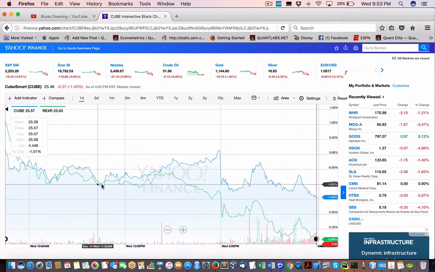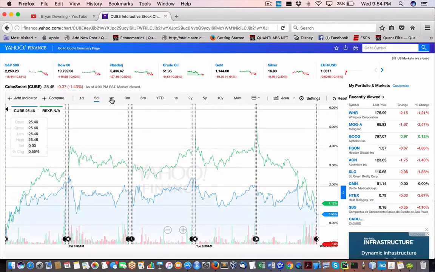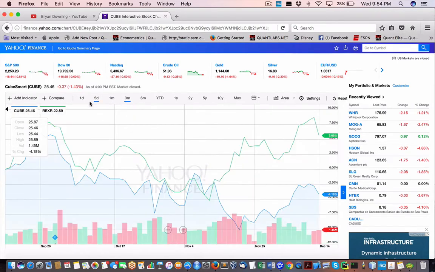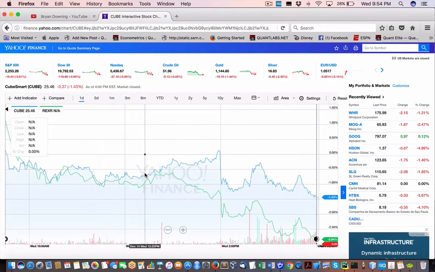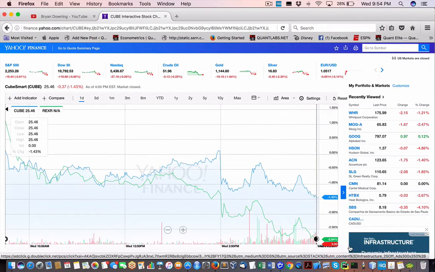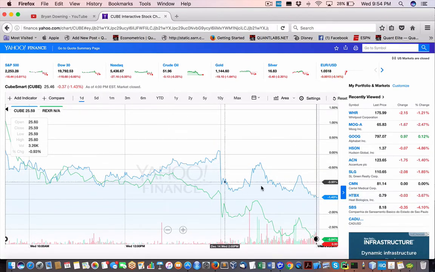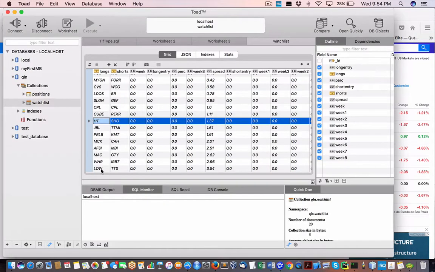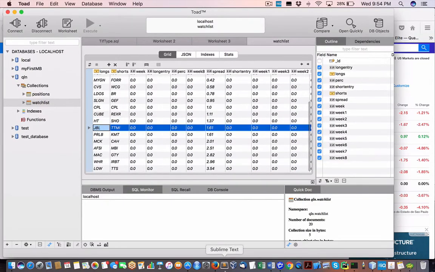So if you look at this combination, the short's outperforming the long, but it just picked up that there seems to be a reversal here as the short is doing what it's supposed to be doing, going down, and the long's holding its own. Cool. Okay. JBL TTMI.